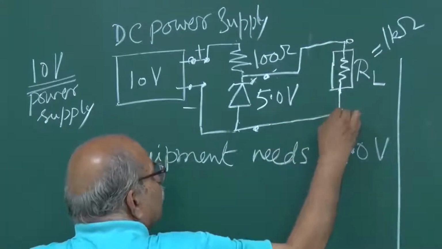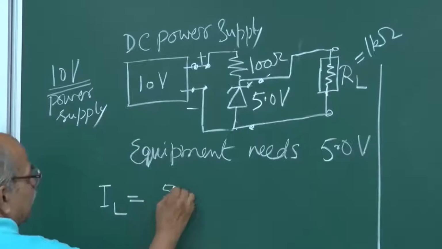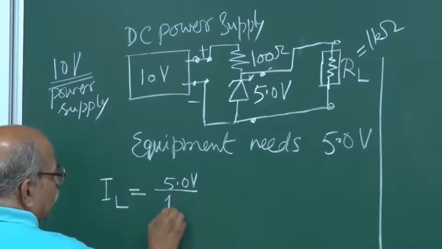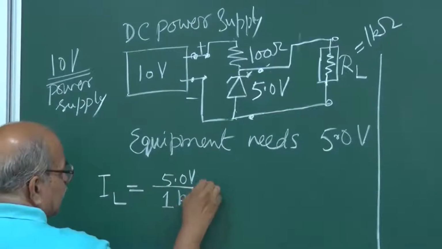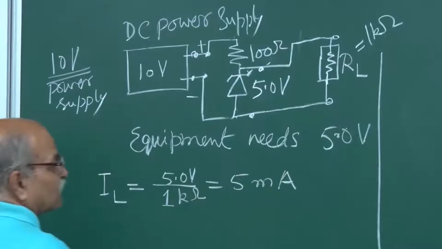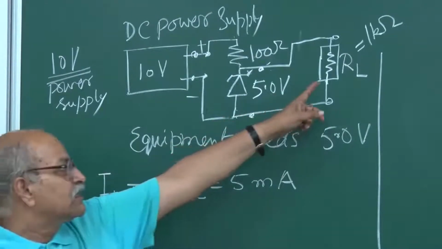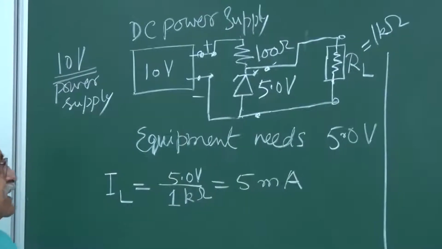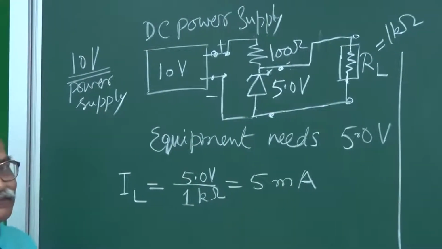Here it is 5 volts, so that will be 5.0 volts divided by this 1 kilo ohm. That is 5 milliampere. And the equipment will receive this voltage and this current, 5 milliampere only.